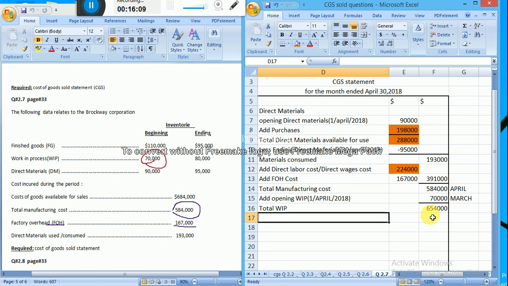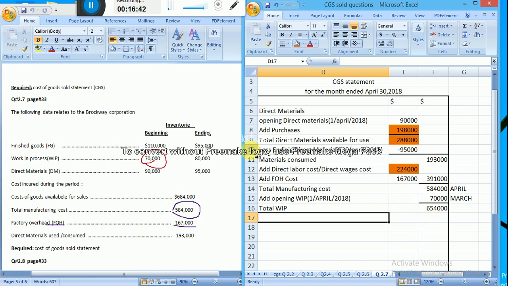Now today is the ending of April. April will be finished today. That's why we are going to prepare the CGS for the month of April. So we checked the record of how much work in process remained in April which is not converted to finished goods, and that work in process will be converted to finished goods in the upcoming month of May.